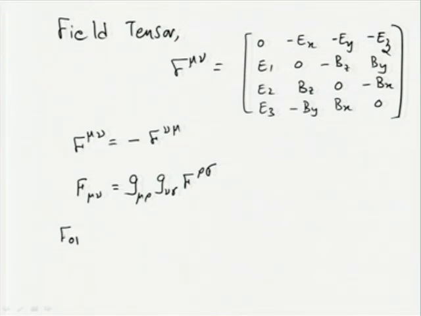Of the off-diagonal elements, F01 is equal to G0 rho G1 sigma F rho sigma, with mu fixed to be 0 and nu fixed to be 1.